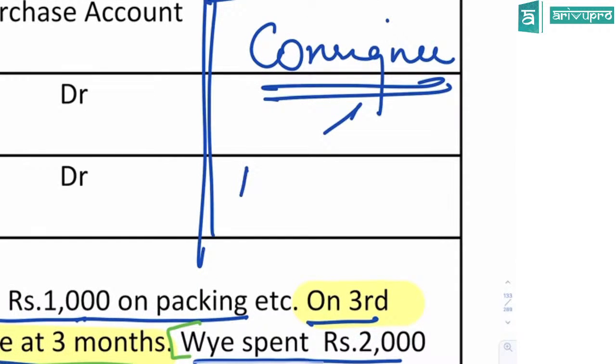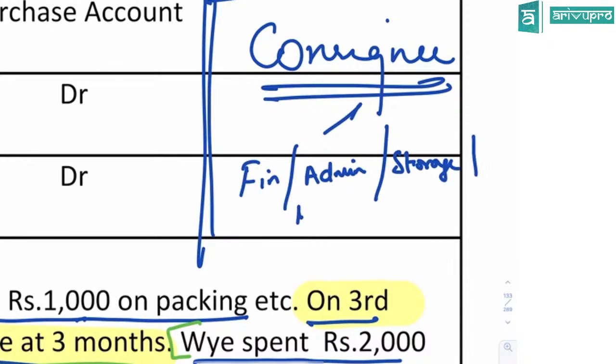Remember this. It does not include finance or administration cost, storage cost, also any abnormal losses. Remember this or write it down anywhere. The cost of the goods will always be what?